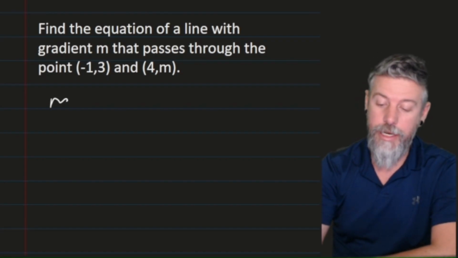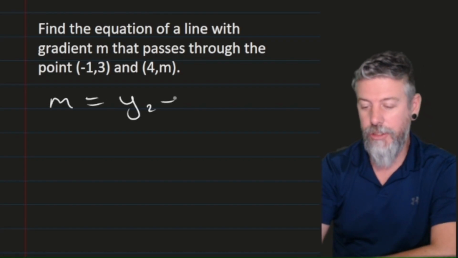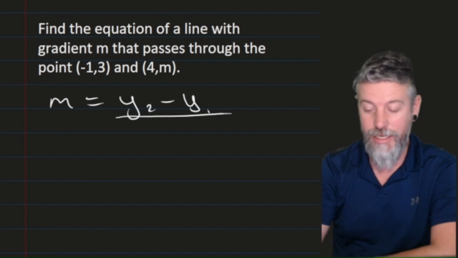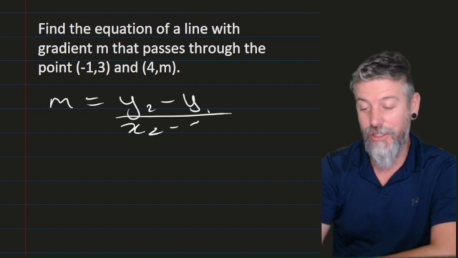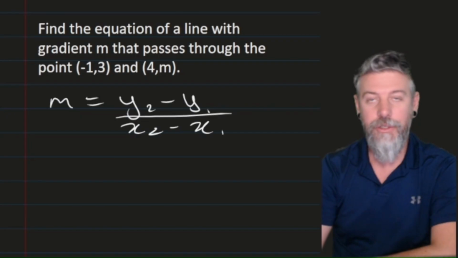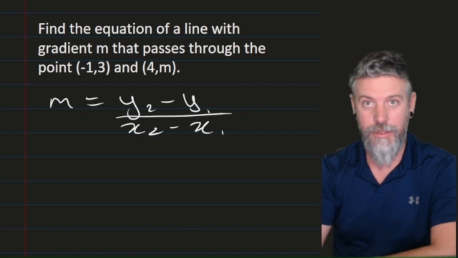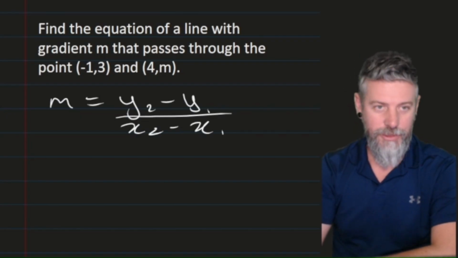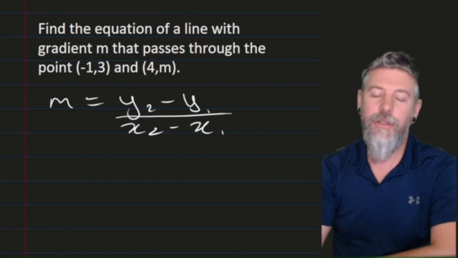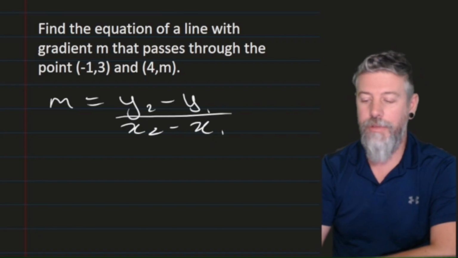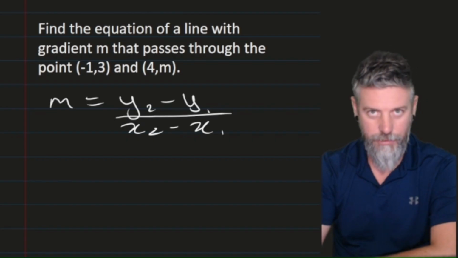So we need the gradient formula this time. Now, selection of formulas needs to be amazing in advance, because if you go and use the wrong formula, you're not going to get an answer out of it and you're going to have wasted time. So picking the right formulas, obviously, we need to be doing that. And I would really prefer that you remember all of the linear relationship formulas because it just makes it faster.